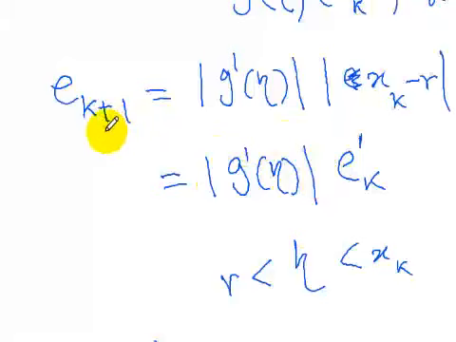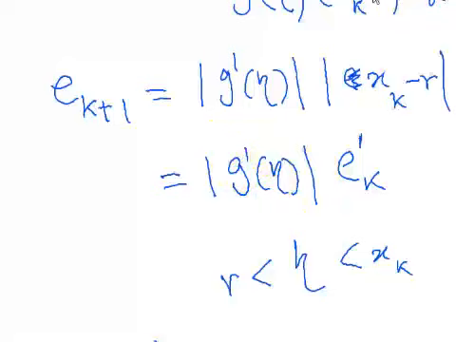The best case is when this is equal to 0, that converges very fast, right? For Newton's method, this one here is equal to 0.